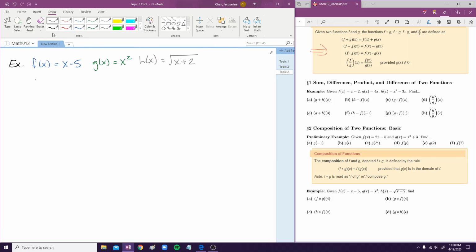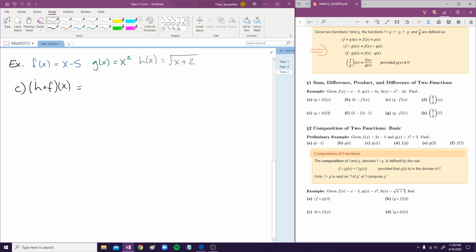We're going to do C and D. So for A, B, and the preliminary examples E and F, we've just been evaluating composition of functions. Now we're just going to find general compositions. So we have h of f of x.